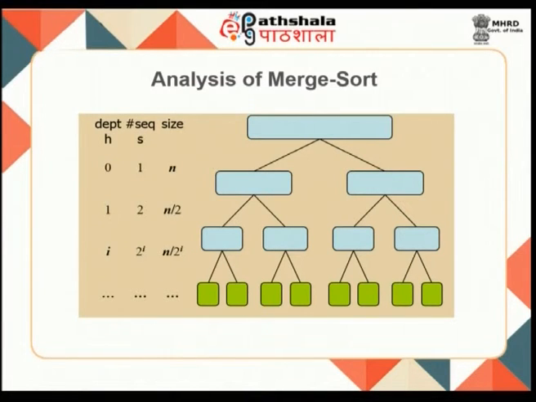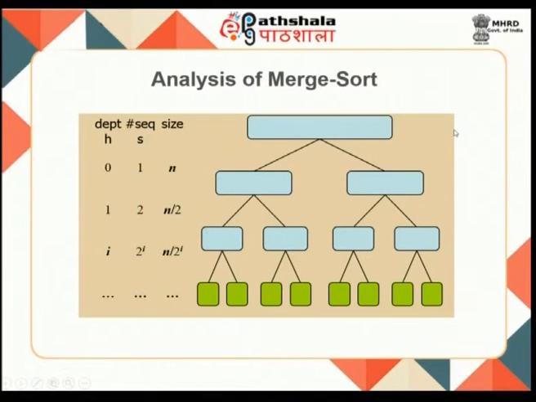So, you can see this is a problem of size n. In the next stage it becomes n by 2, n by 2. So, that means it becomes n. Here it becomes n by 4, n by 4, n by 4, n by 4. It is going to be 4 into n by 4, that is going to be n. So, at every stage the cost of the recursion tree is n.